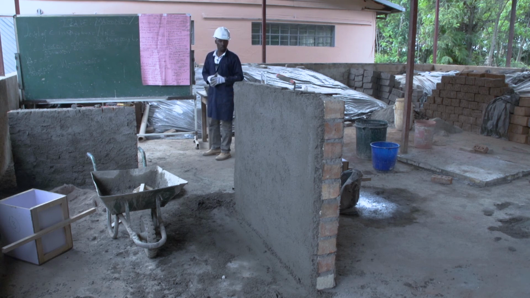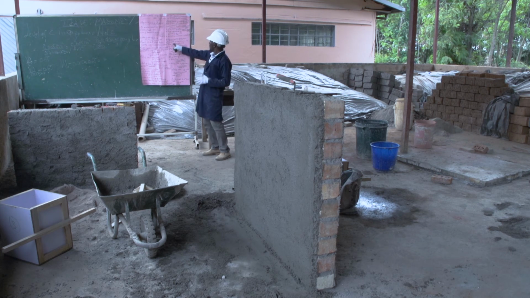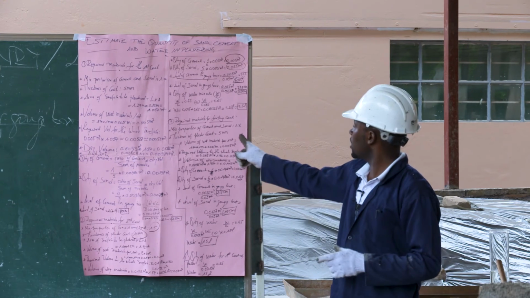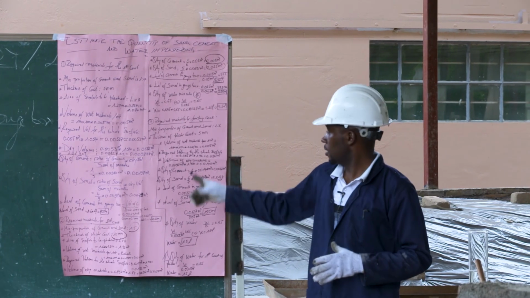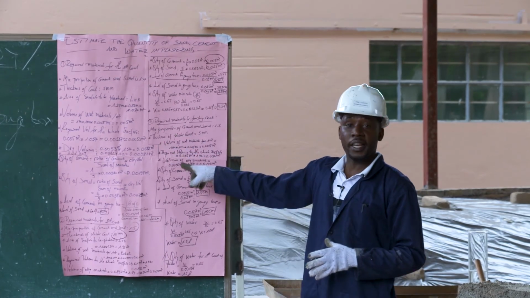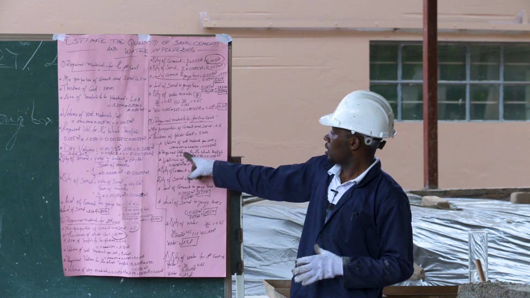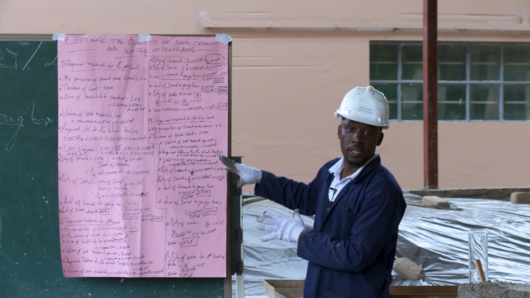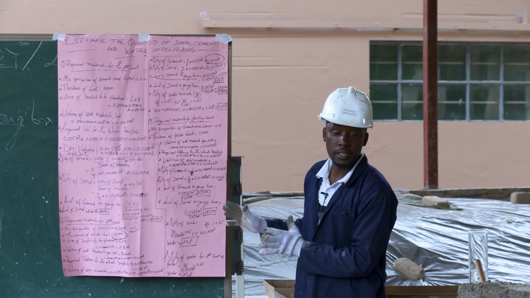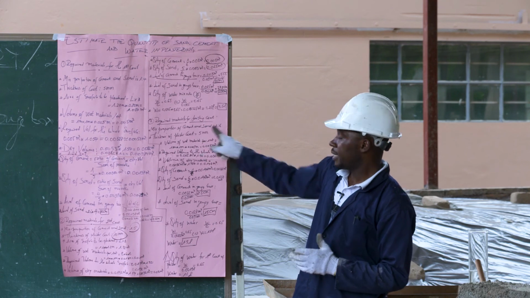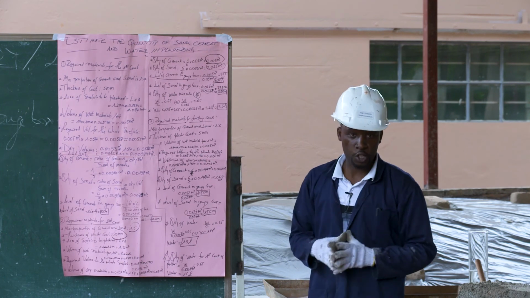The mix proportion of cement and sand is equal to 1 to 6, you see. So the method of calculation of the material for this coat is similar to the previous one. There is no difference, but the difference is about the thickness and the mix ratio.